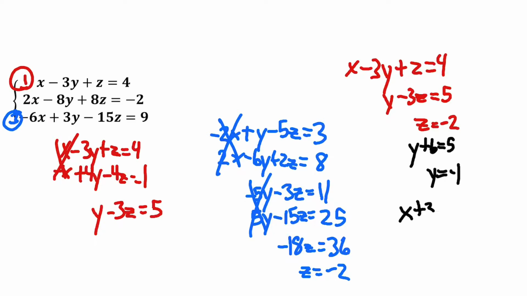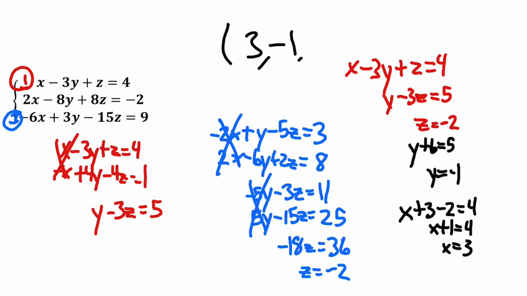X plus 3 minus 2 equals 4. That becomes x plus 1 equals 4, which means x equals 3. So our final answer becomes 3, and that kind of looks a little weird. 3, negative 1, negative 2 ends up being our final answer.